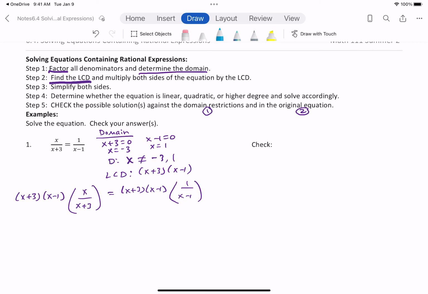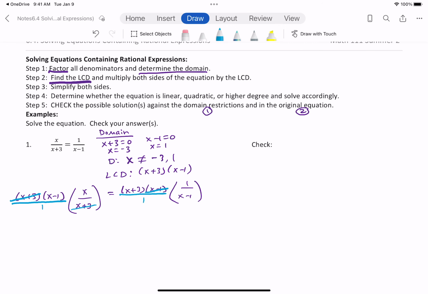So remember, we've learned that if we have the exact same expression in the numerator and denominator, they can cancel and make 1. So if you want to, you can look at this like it's over 1. So I have an x plus 3 in the numerator and an x plus 3 in the denominator. So those can cancel. And the same thing here.